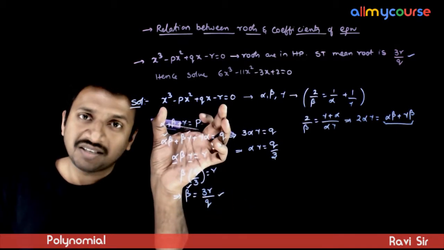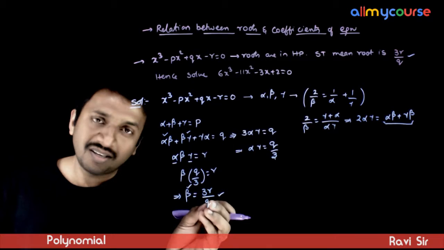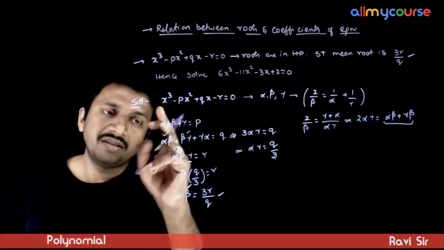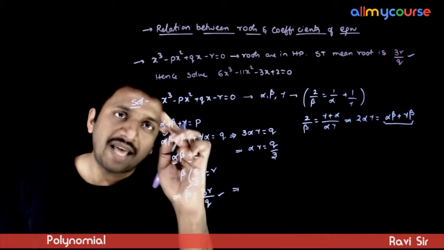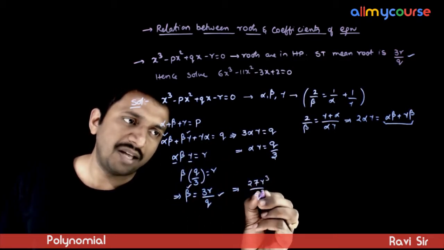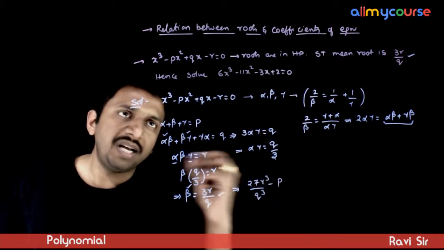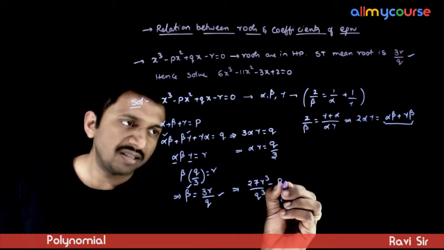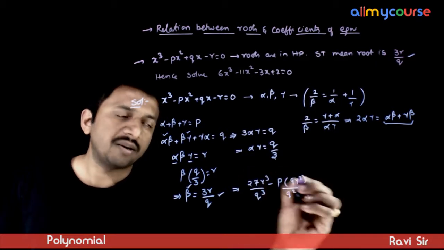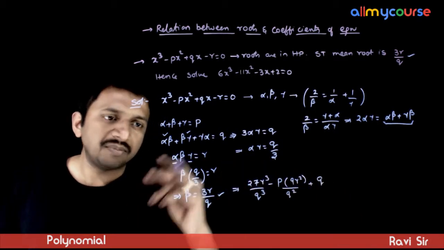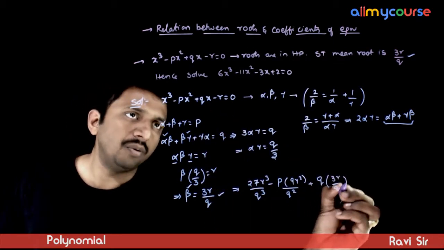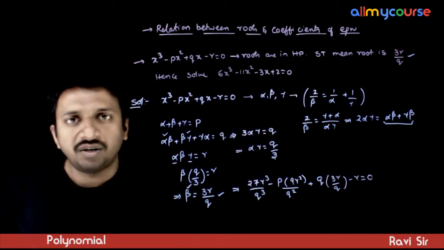Now, this 3r by q is a root to this equation, hence it has to satisfy this equation. So let us find a condition. This implies 27r cube by q cube minus p times 9r square by q square plus q times 3r by q minus r is equal to 0.